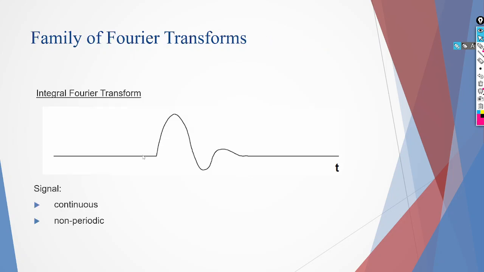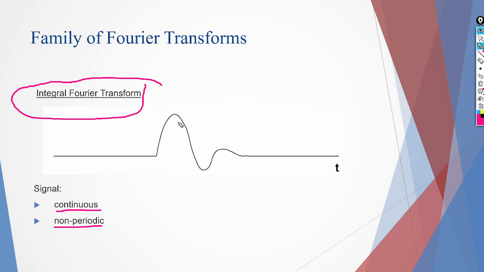Now let's speak a little bit about the family of Fourier transforms, because there are actually multiple versions depending on what exactly your signal is. So option number 1, let's consider that your signal is continuous and non-periodic. So some pulse that starts and ends and doesn't repeat. In that case, we use something called the integral Fourier transform, the most generic and most universal thing.